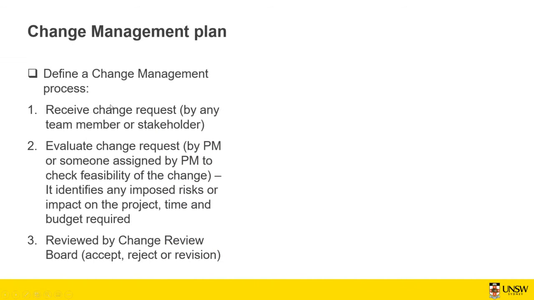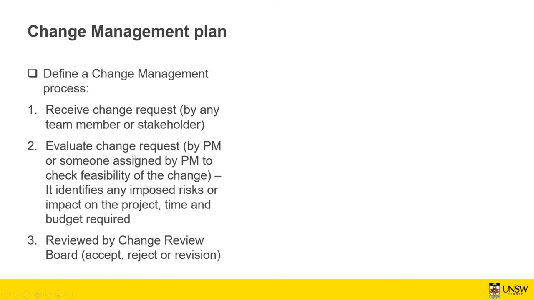So the change management process starts when you receive a change request from a team member or stakeholder. So they want to change the scope or change one of the tasks or one of the deliverables or make some additions, some more features, etc. So what you do is evaluate the change request.